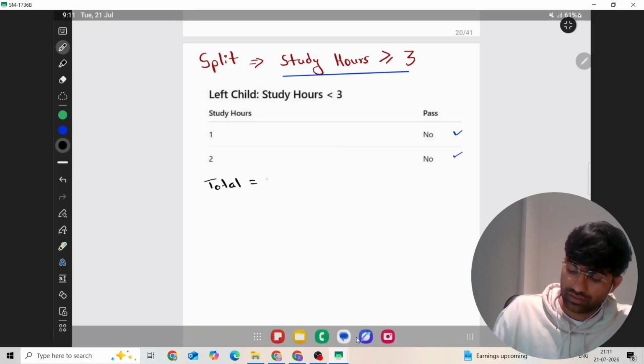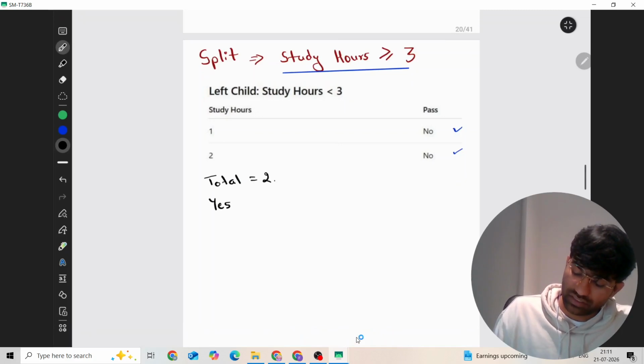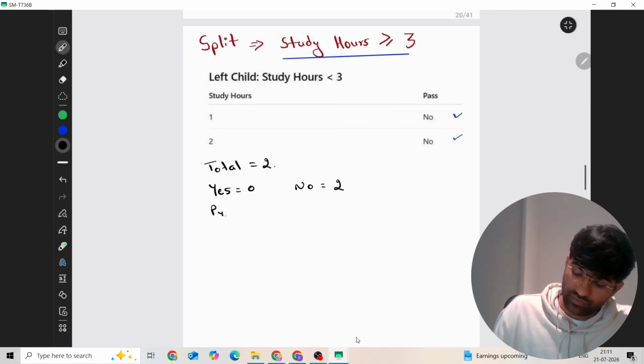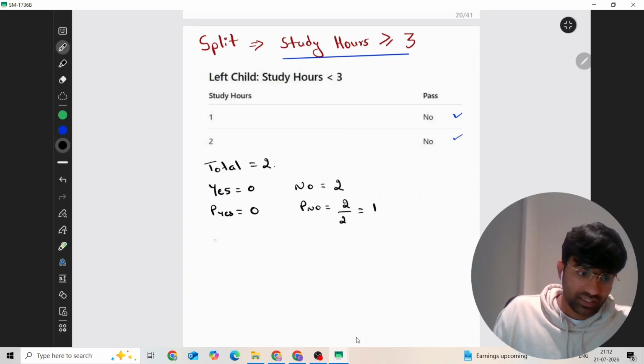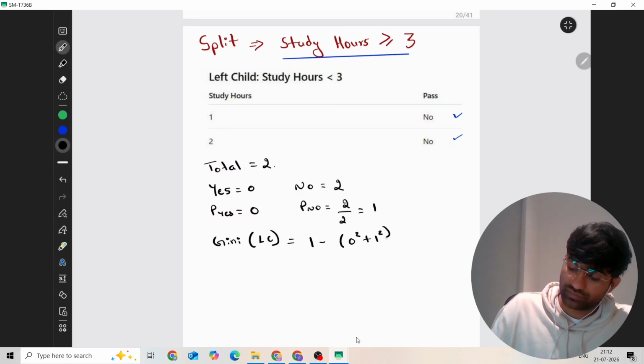Total 2. Out of those, yes are 0 and no are 2. So the probability of yes is 0 and the probability of no is 2 by 2, that is 1. Then the Gini impurity of our left child will be 1 minus (0 square plus 1 square).